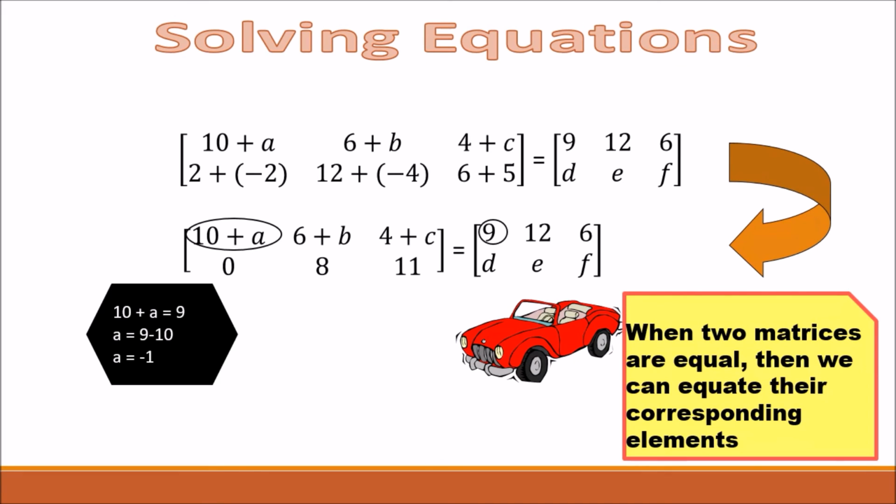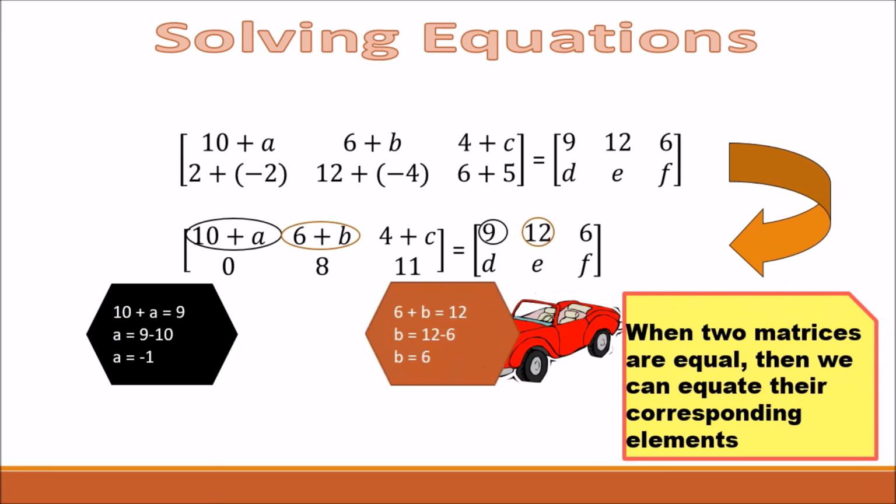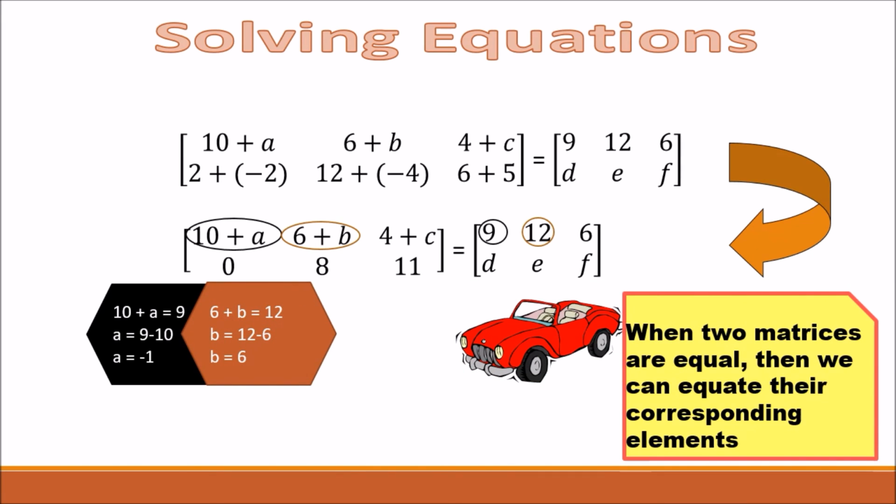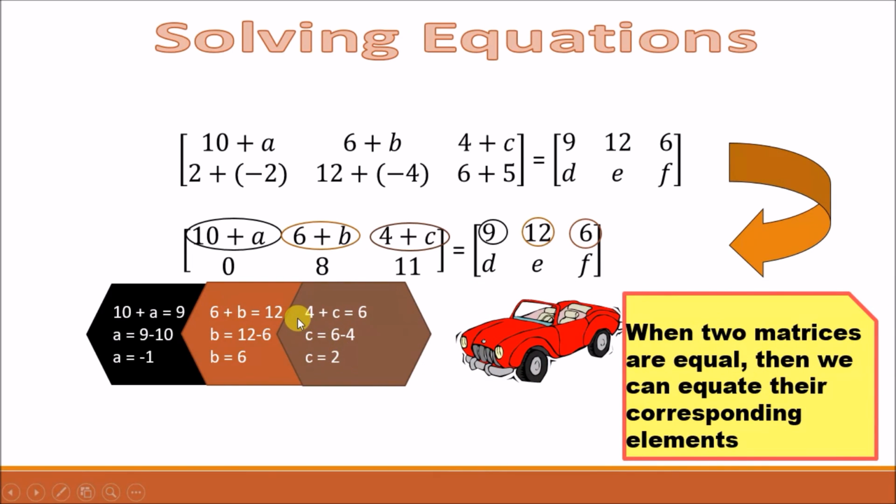6 plus B and 12 are also corresponding elements. Therefore, we can equate 6 plus B and 12. After solving for the value of B, we have B equal to 6. Similarly, 4 plus C and 6 are also corresponding elements, so we can equate them as well.